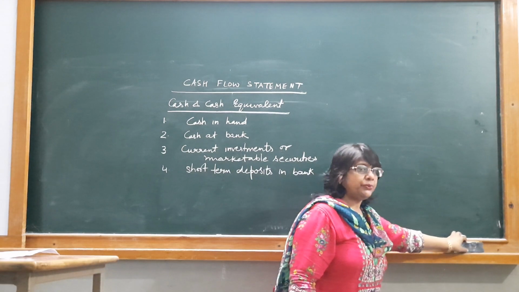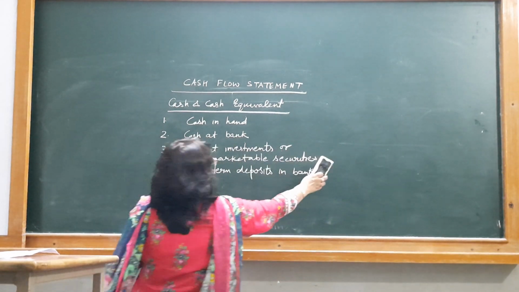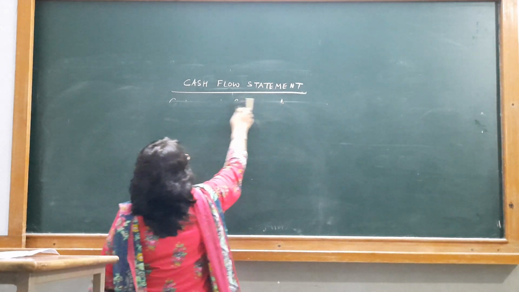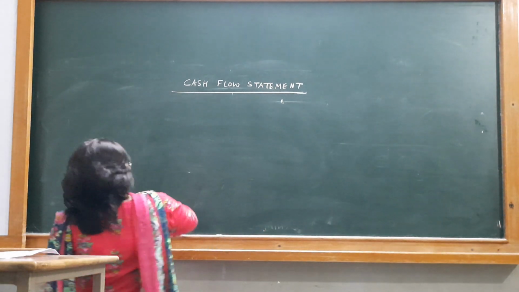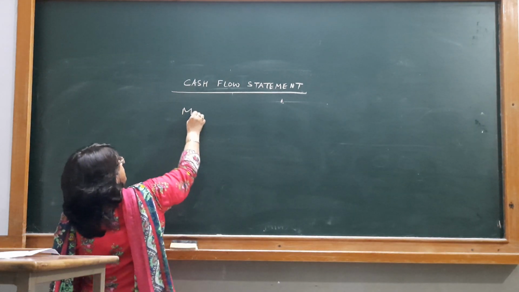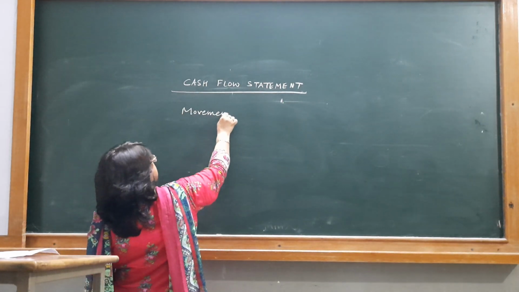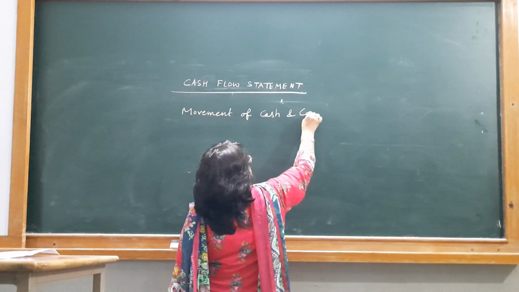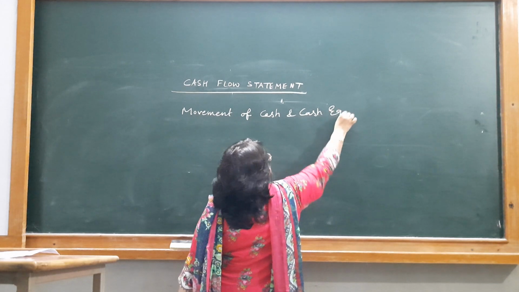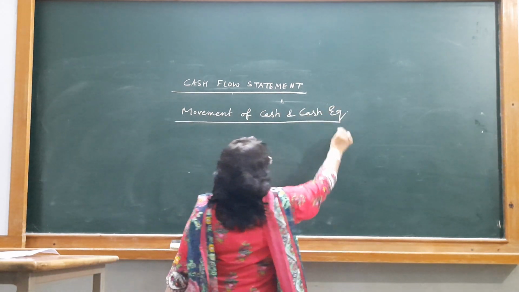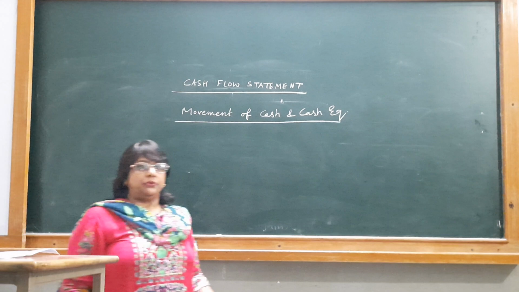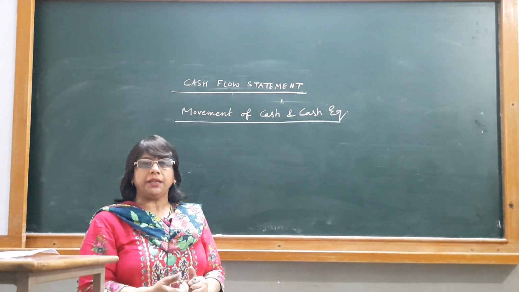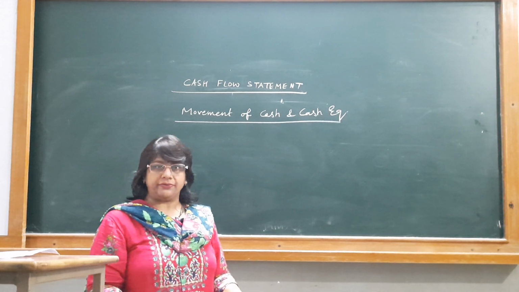Next thing we have to understand, what is movement of cash and cash equivalent? Just see student, there are some items that are converting, either cash is converting into cash equivalent or vice versa.